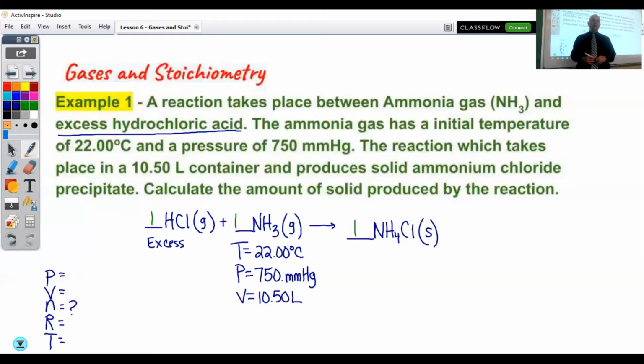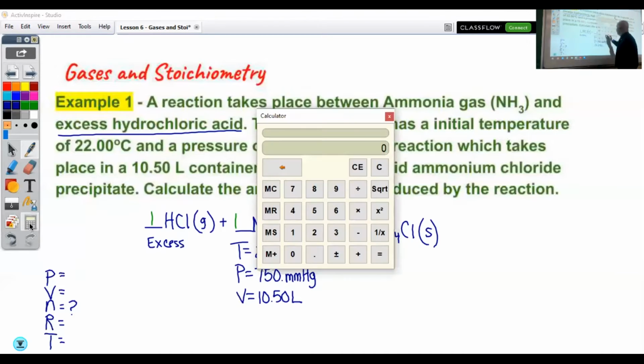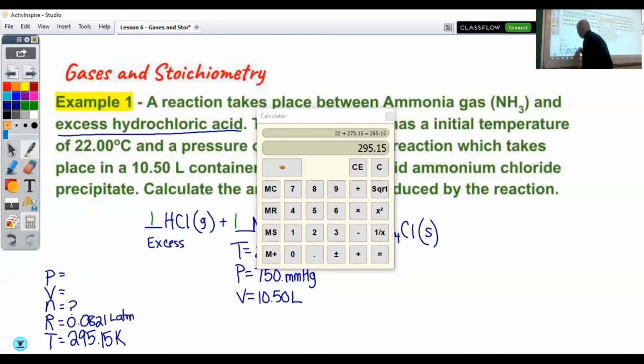So let's do that part first. When we take 22 degrees Celsius and we add 273.15, we'll get a final temperature of 295.15 Kelvin. Of course, we always know the value for R is 0.0821 liter atm over mole Kelvin.